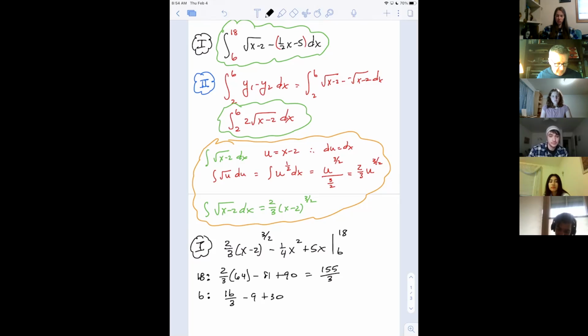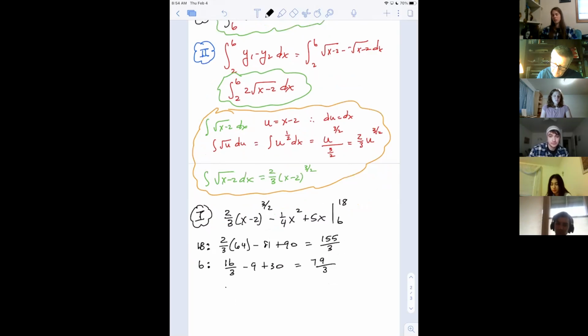It's 26 and a third, which is actually 79 thirds. If I subtract those, I get 76 thirds. Does 3 go into 76 evenly?